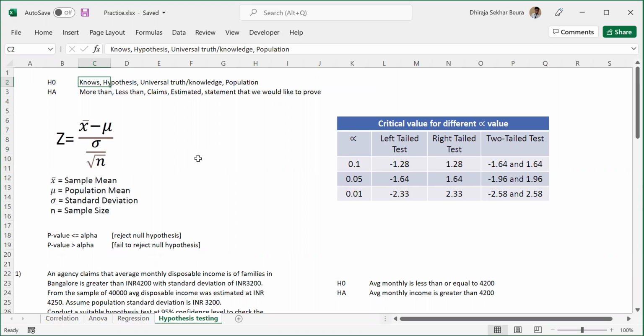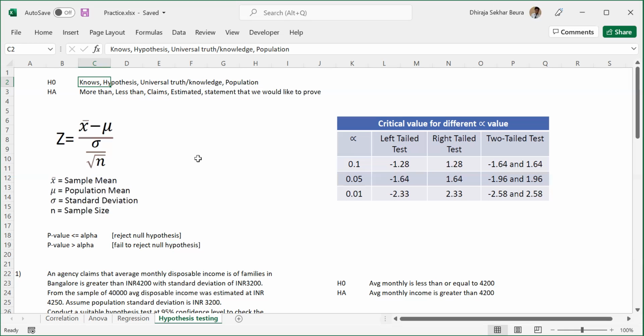And the other way around, the alternate hypothesis. If we are hypothesizing something to be greater than something or less than something, or we are claiming that this should be something, we are estimating something, those fall under the alternative hypothesis category. Alternate is something like research, where you require research to prove your analysis or assumption.